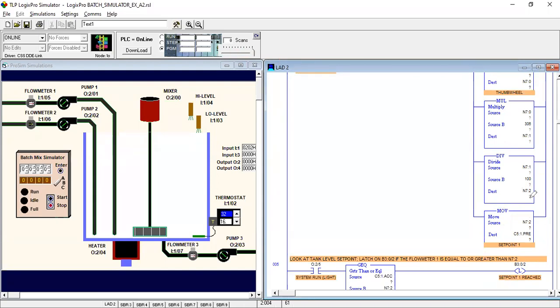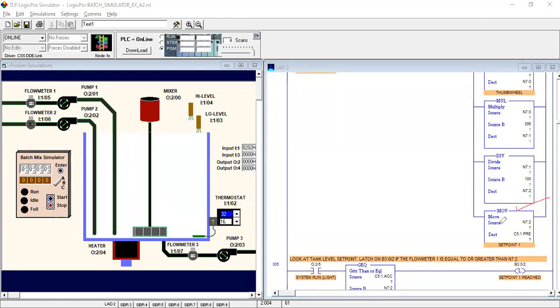After all this process, you collect the final value in this integer bit, and the integer bit is transferred here to the move instruction.